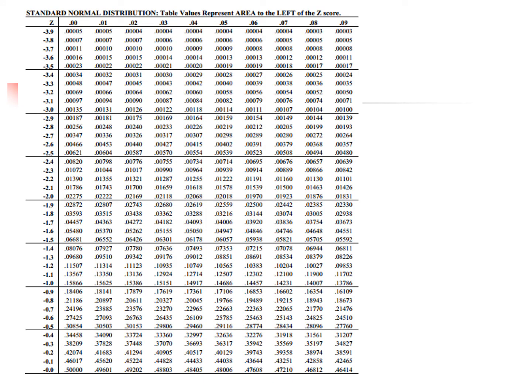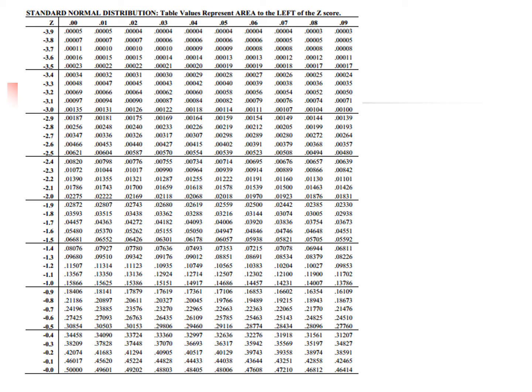So that was for all the positive values of z, all the values to the right of 0. This is for all the negative values of z, all the values of z to the left of 0. It works in the exact same way. So if you wanted to know the probability that z is less than or equal to, say, negative 0.75, this is really challenging myself, I believe that should be 0.22663.